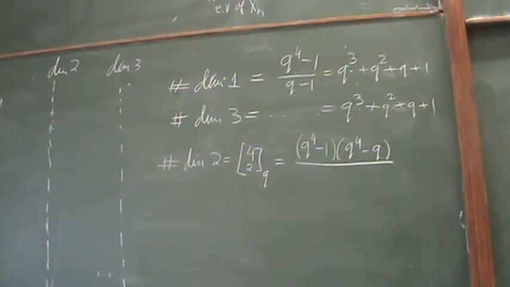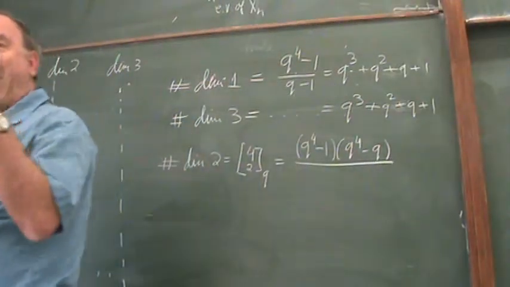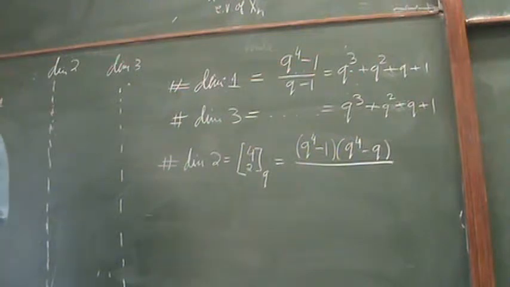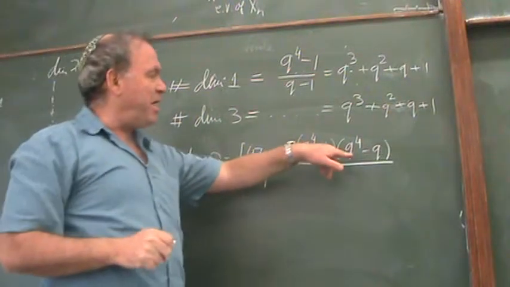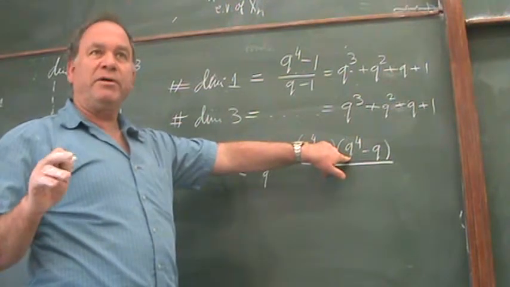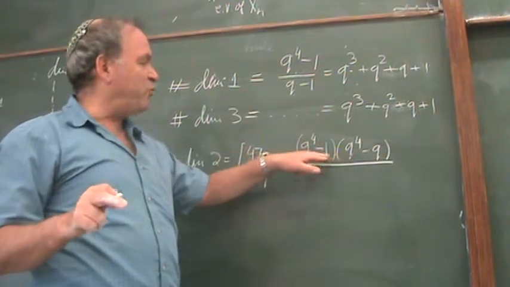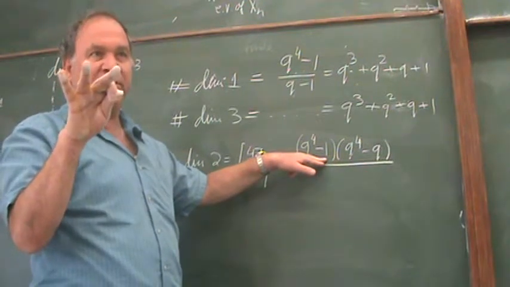How many pairs will give me the same two-dimensional space is exactly the number of bases of a two-dimensional vector space. So I have to divide by the order of GL2, or if you want, by the number of bases of F_q squared, a two-dimensional space. Okay? So this gives me the number of pairs. I don't think I have to write it in so much detail, right? This is the number of pairs of independent vectors.